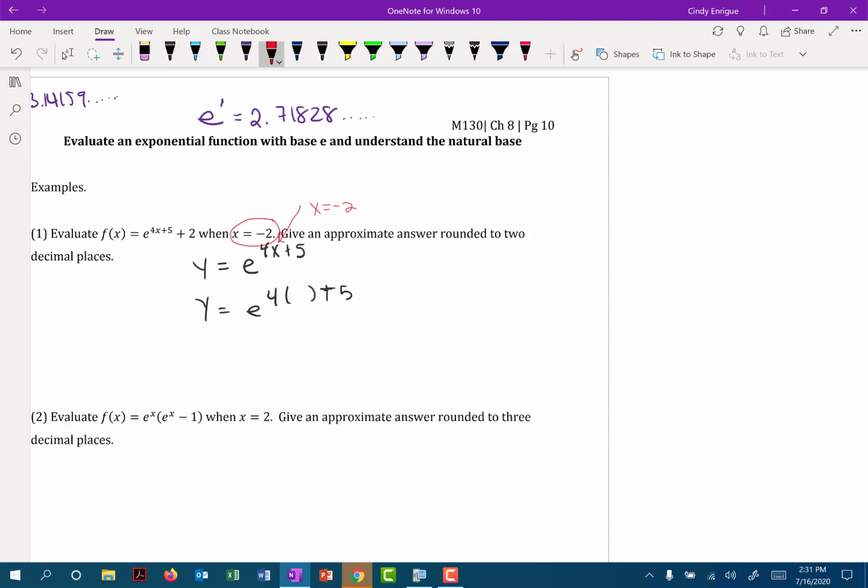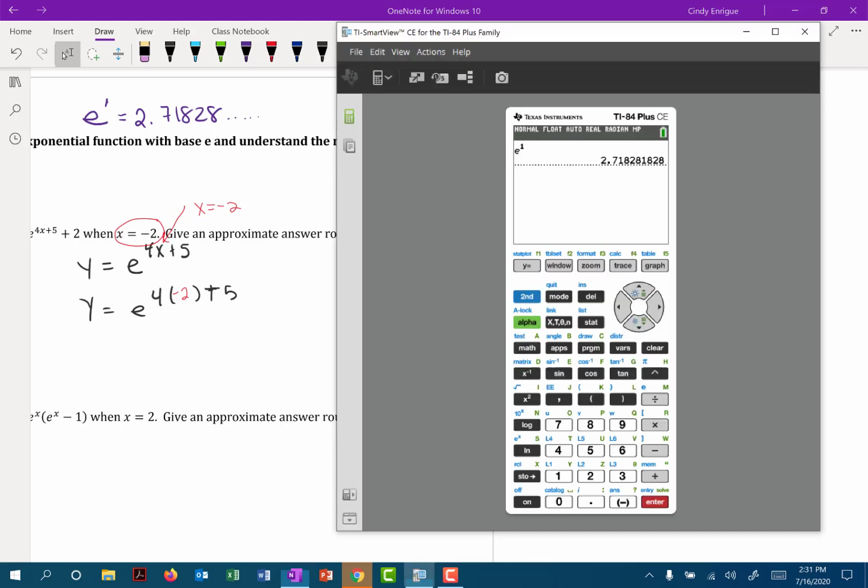So the value that you're plugging in there for x is a -2. So I'm going to go ahead and plug that into my calculator so that I have e to the power of 4 times -2 plus 5. So I plug that into my calculator and it gives me this decimal. So I'm going to go ahead and copy this decimal down.